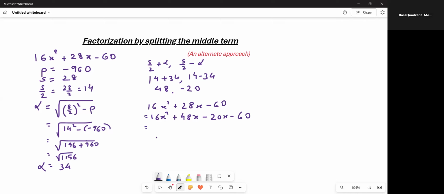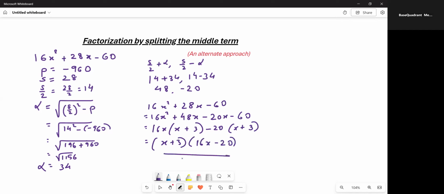We can take here 16x as a common factor, 16x into x plus 3, and here minus 20 into x plus 3. So x plus 3 into 16x minus 20 is the factorization of this.